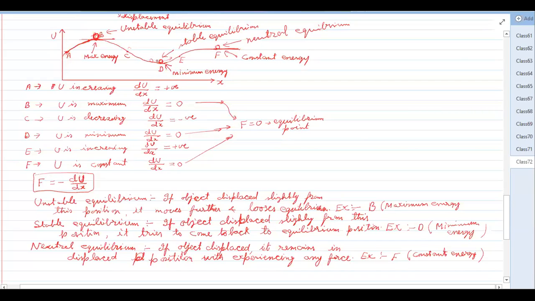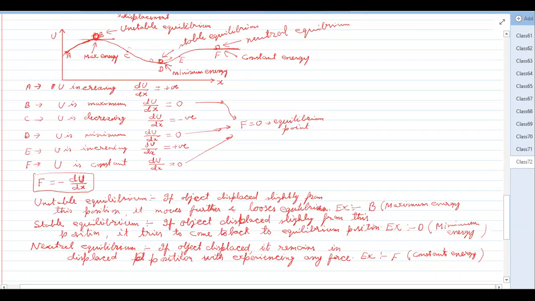Now come to D. At D, if you go slightly to the right side, du by dx is positive, so the force will be negative. Force negative means as you shift it rightward, the force will be in the backward direction towards the center.